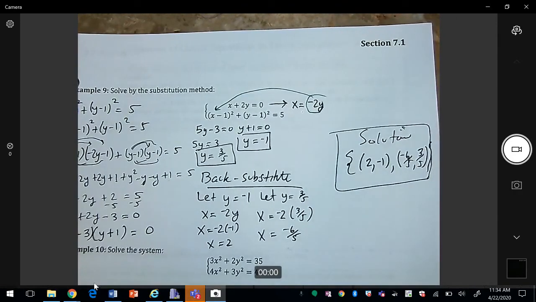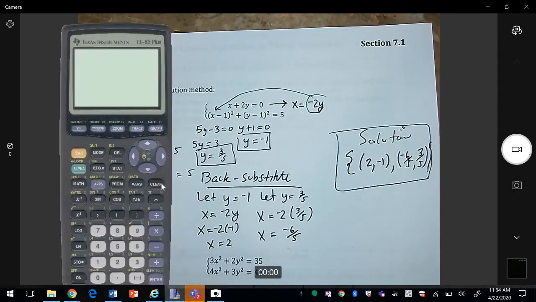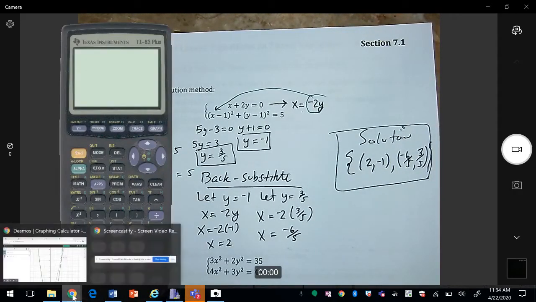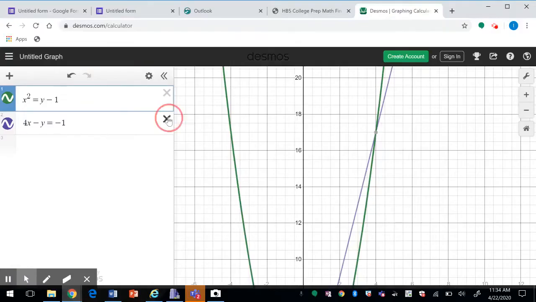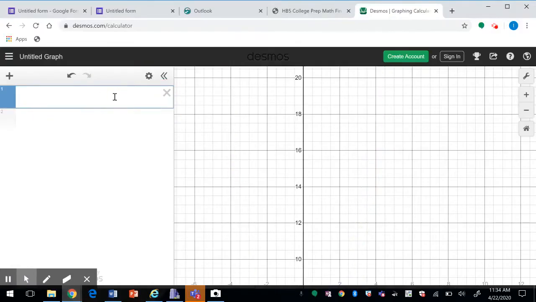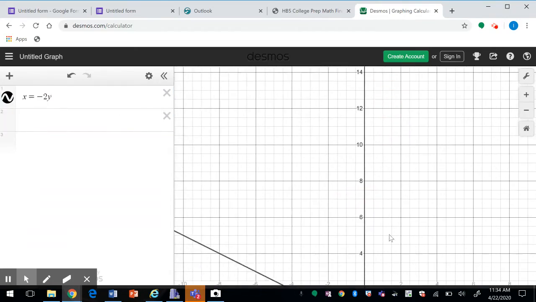So now, just in curiosity, let's look at our graphs. So we have the first one, x equals negative 2y. And let me just recenter this.